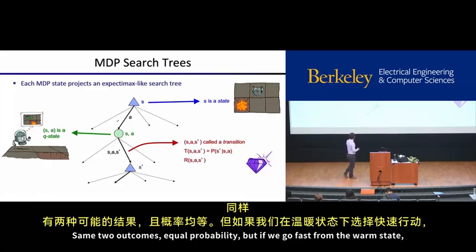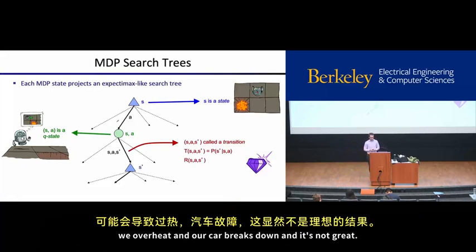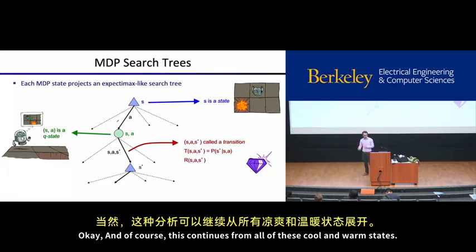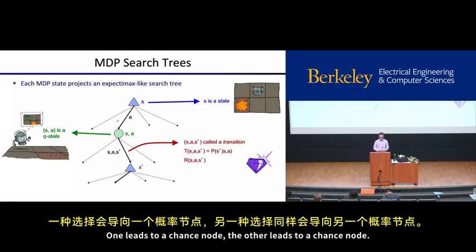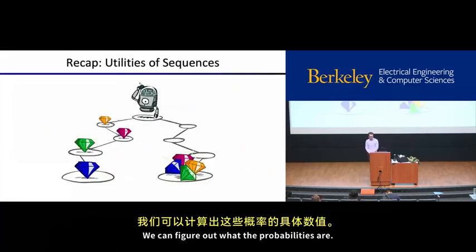This is kind of a non-standard term, but there will be a reason that we call it a Q state, so we'll just call it a Q state. So we go from states to Q states, those are chance nodes, and then the environment responds, and then we go back to states. At every state, we choose the action that maximizes expected utility.